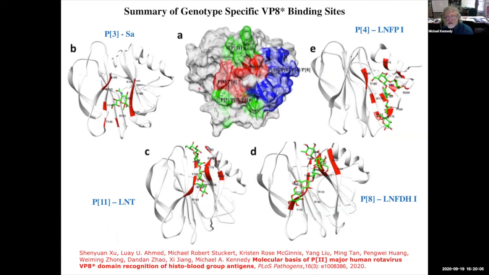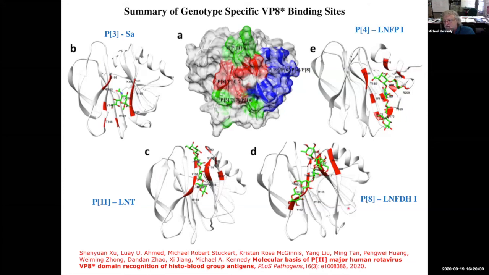And then this summarizes our new information about where this P8 protein binds to its Lewis positive secretors. So here we're comparing, we have the P3 genotype, and it has some overlap with this site, but it's a little bit in a different location. Here we have P11, it binds in the beta-beta edge, but it really stretches out into a different part of the protein as well.